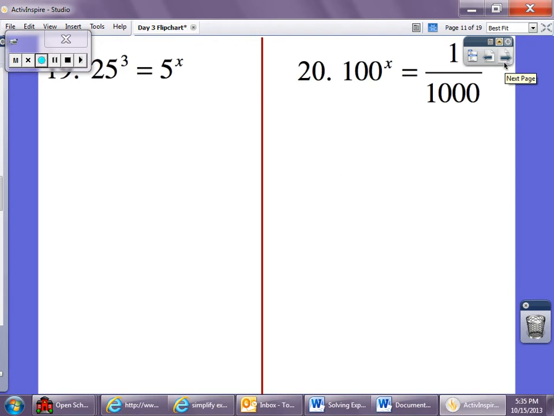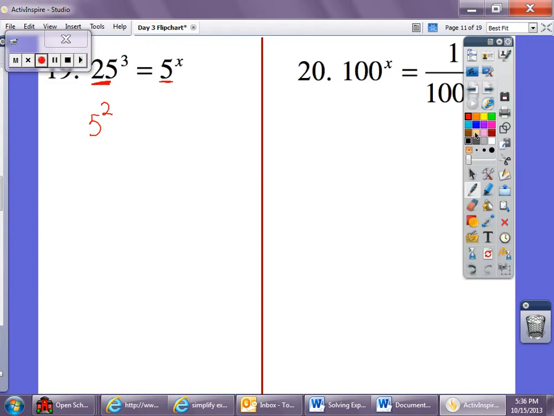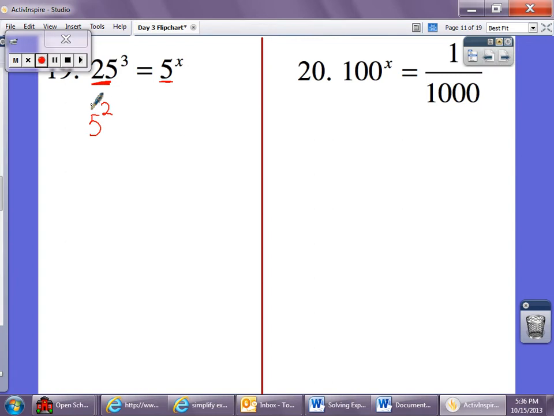19: 25 to the third and 5 to the x. Well, now watch what happens. These bases are not the same. So we have 25 and we have 5. Well, 25 is the same thing as 5 to the second. So I'm going to change my 25 to 5 to the second, but I still have this 3, and it still equals 5 to the x.